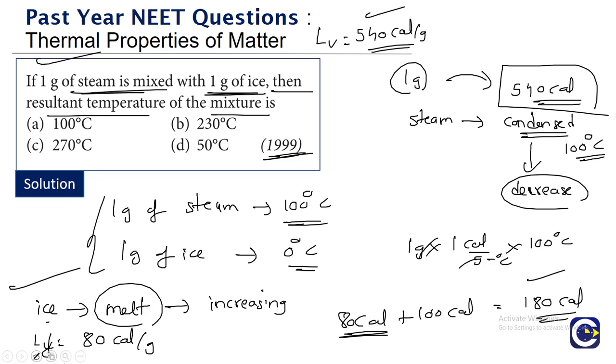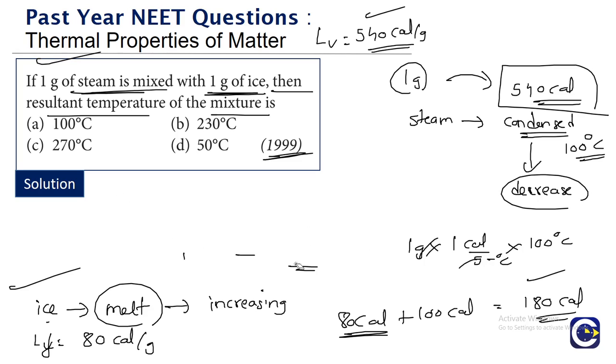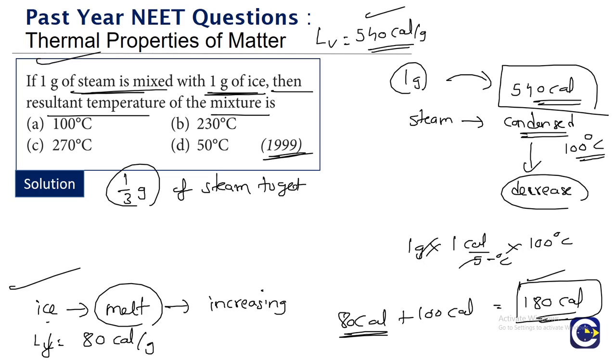So we will not be required to condense all the steam. The 1 gram of steam will not be required for condensation. We only need to bring this ice at 0 to water at 100, which will require 180 calories. For that, we would need only 1/3 gram of steam to get condensed.